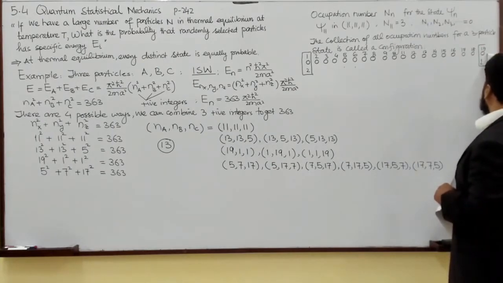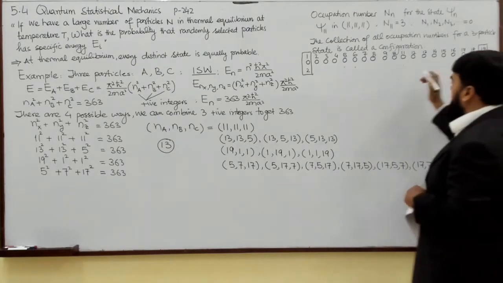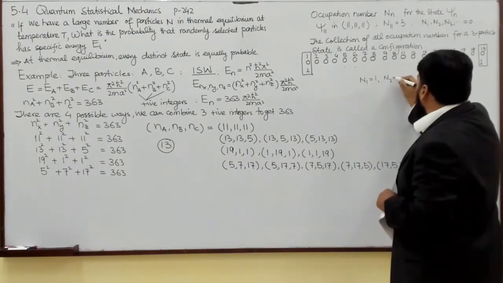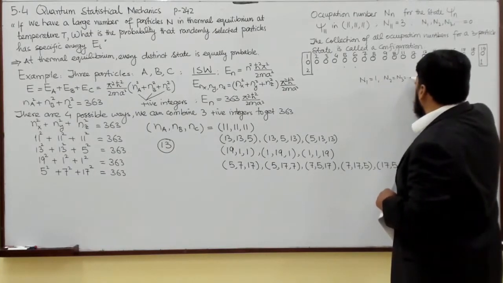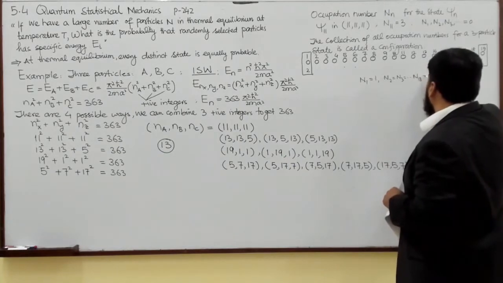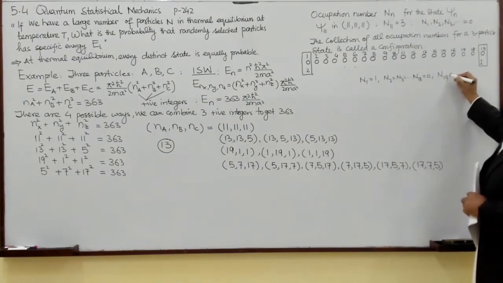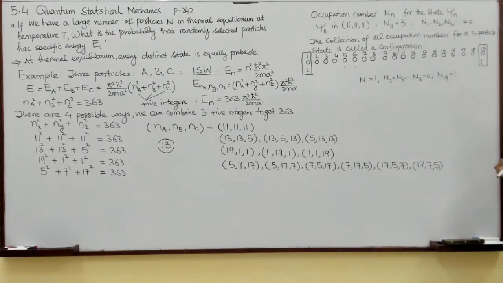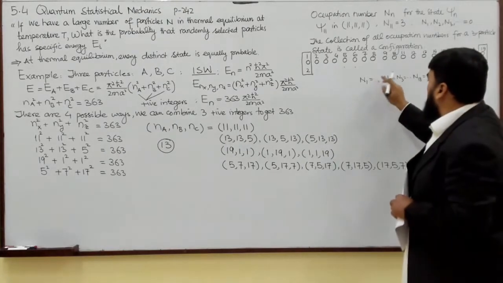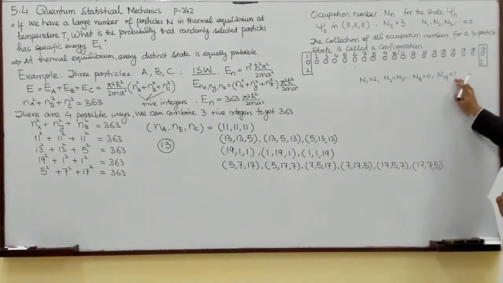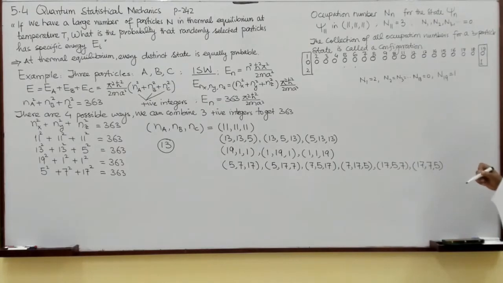So this is the configuration: N1 is 2, N2, N3 and so on up to N18 are equal to 0, and N19, the occupation, is 1. So again the total occupation of this configuration is 3. 2 plus 1 is 3, while the rest are equal to 0.